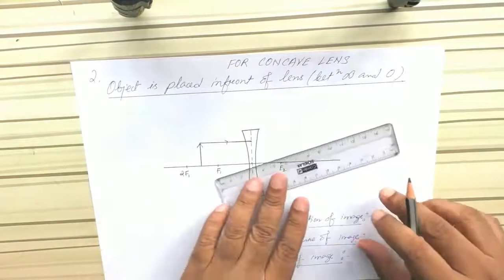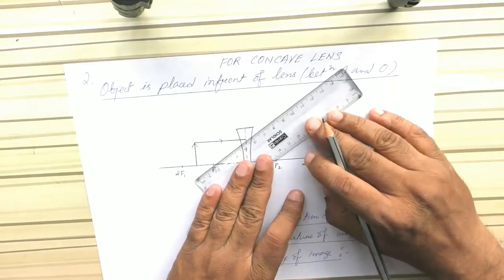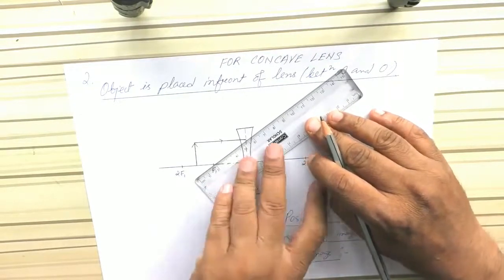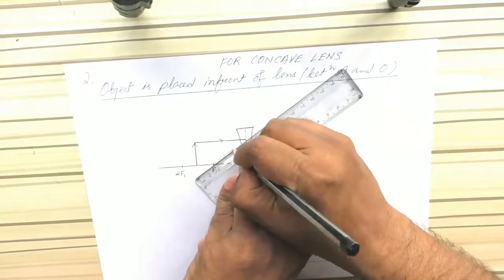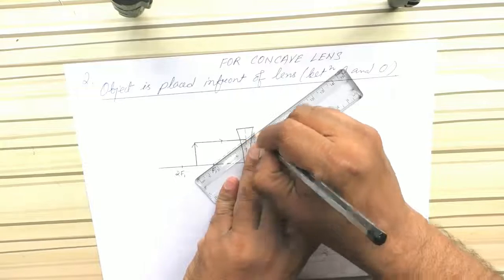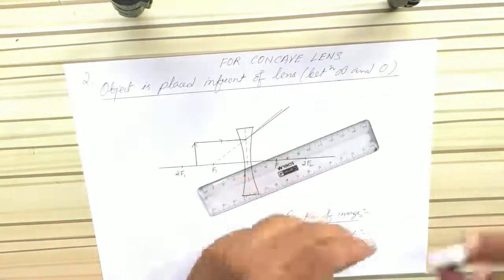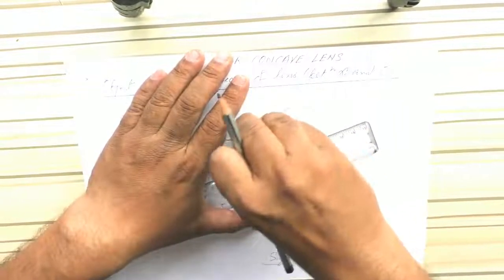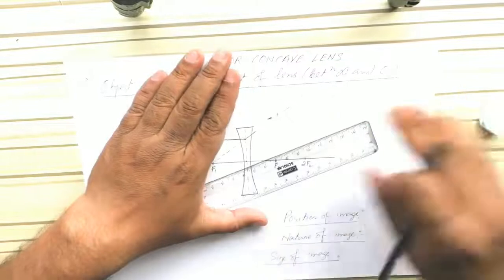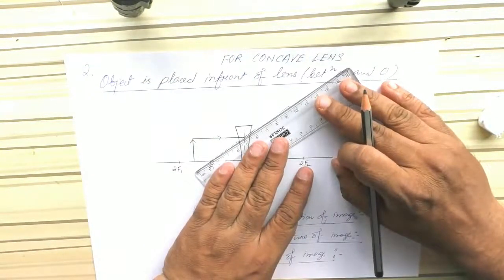And we know, according to the rule, what will happen to this light ray? This light ray appears to diverge from focus. So we'll have to draw it properly.